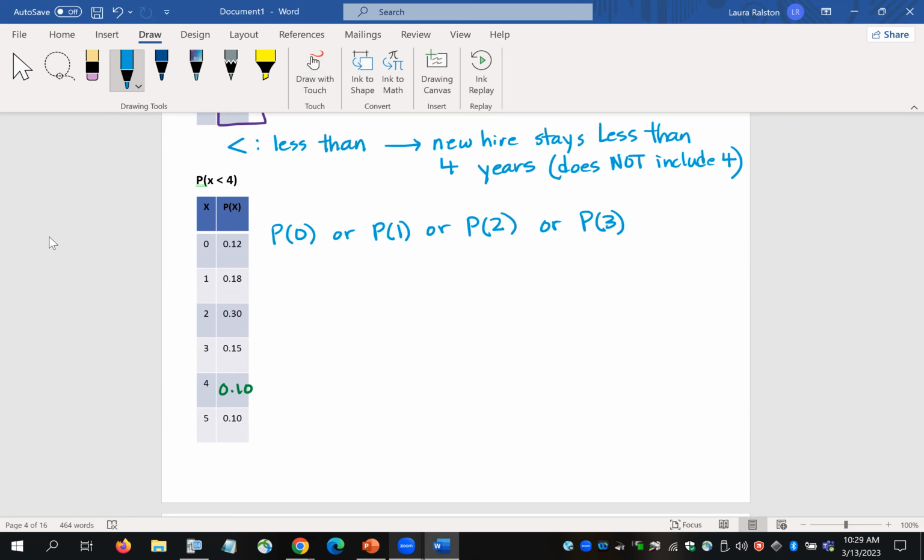The 4 is not included. Again, or in terms of probability means to add. So I want to add these probabilities together.